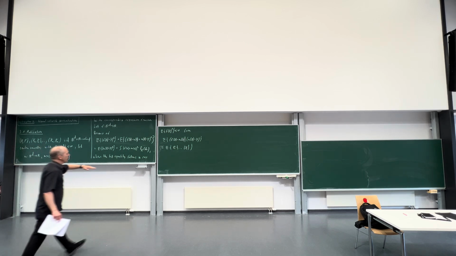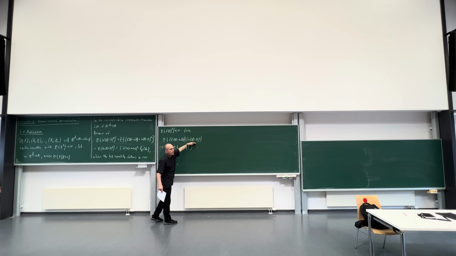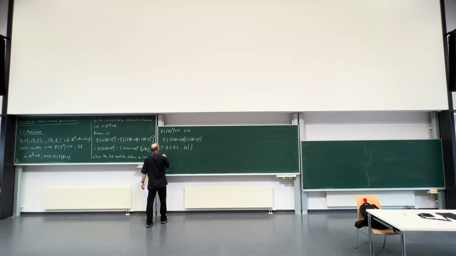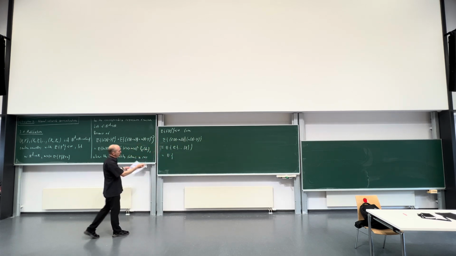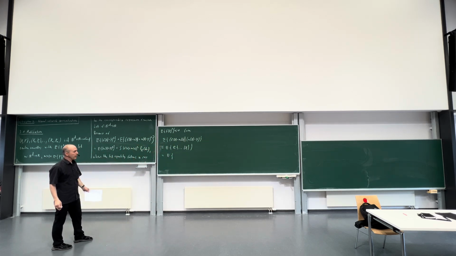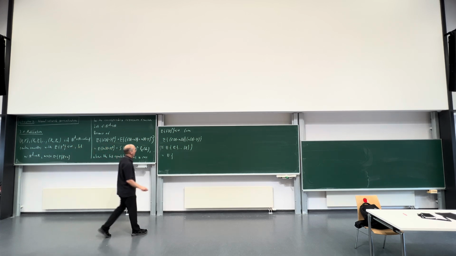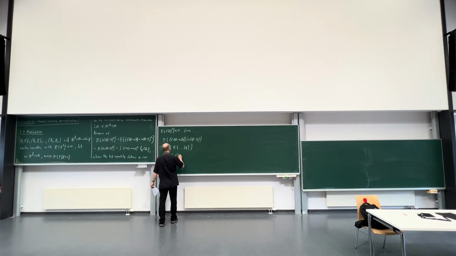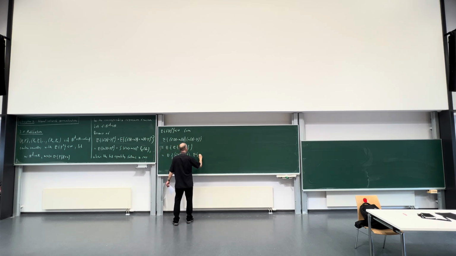So you have here a square integrable function, you have here a square integrable function, then the product is integrable, and then you can apply this standard trick that you can factorize out that term from the conditional expectation, which just depends on X. So we have f(X) minus m(X) times the expectation of m(X) minus Y given X.